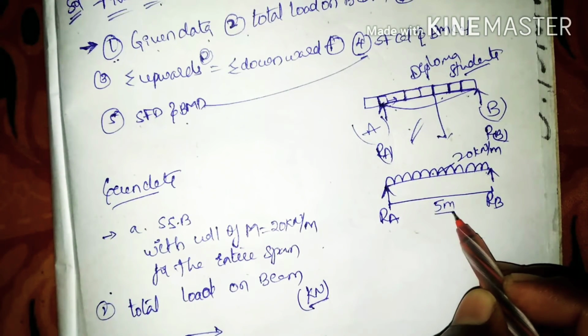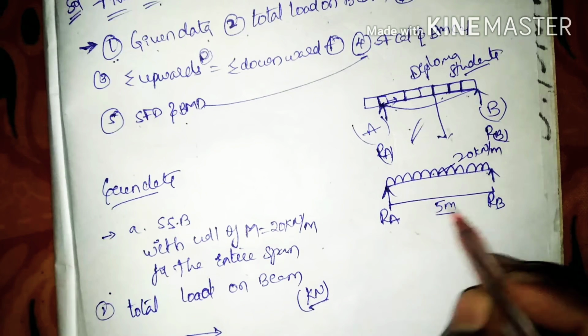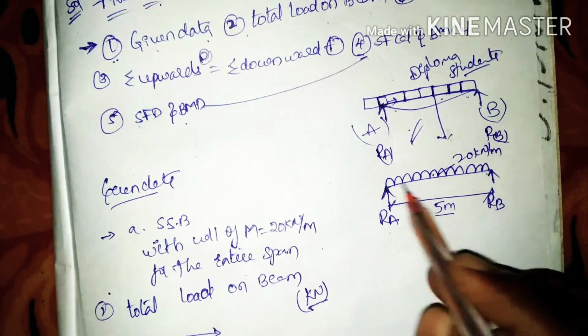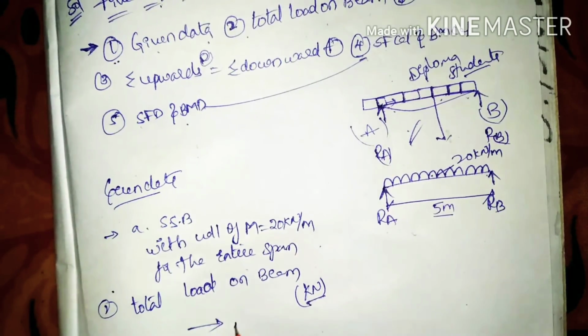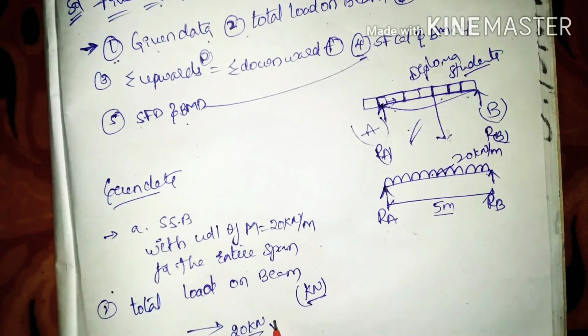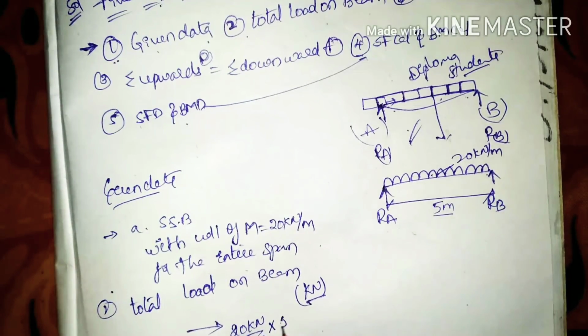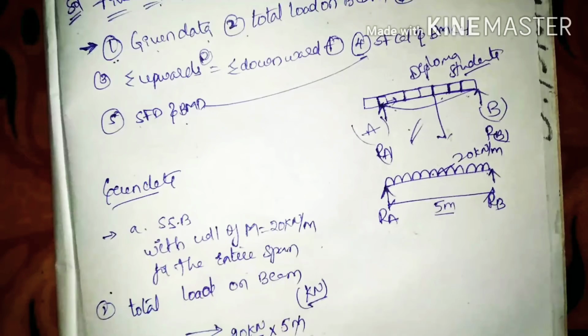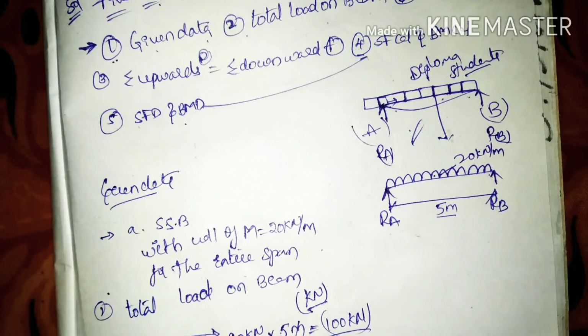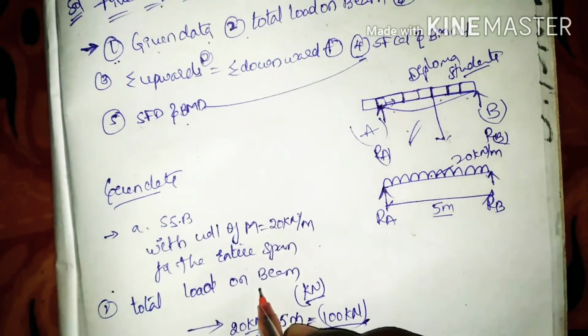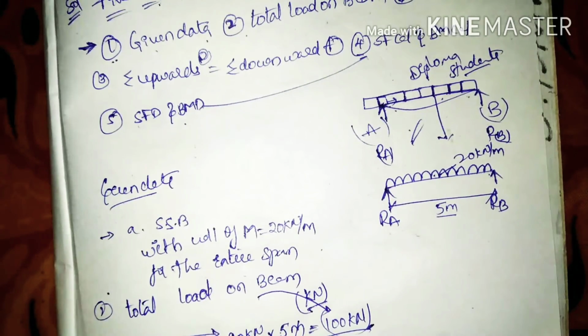Here we are having 5 meters for the entire span, and the load is also acting on the entire span, so we multiply 20 kilonewton per meter by 5 meters. Meter is going to cancel, and we remain with 100 kilonewtons. This is in kilonewtons. The total load on beam is equal to 100 kilonewtons.